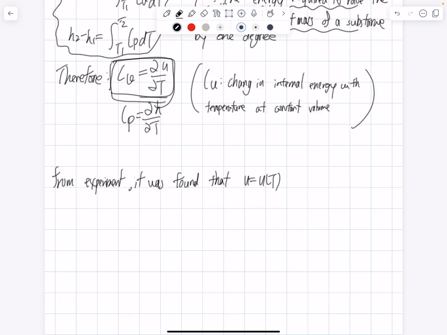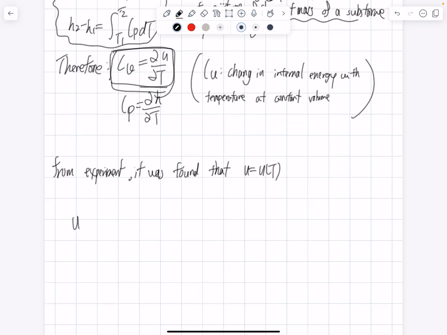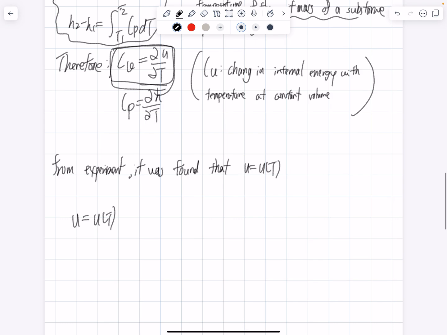The first reason why U is a function of temperature is because of an experiment. If you Google the scientist Joule, he had an experiment that concluded that this is true.